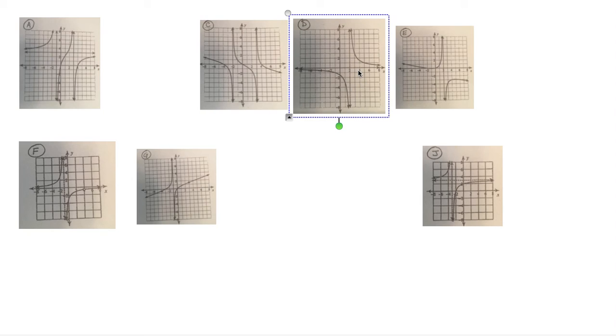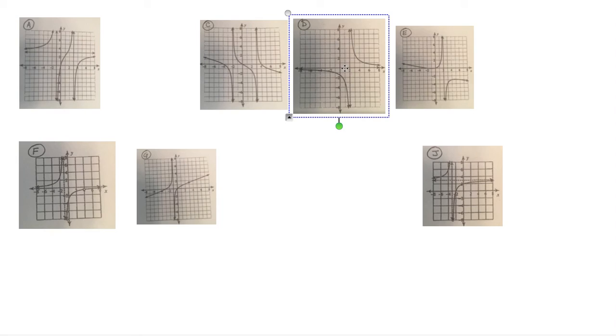Well, it looks like it's D. But F also looks like it has a horizontal asymptote at y equals 0, doesn't it? 9, 1, 2, 3, 4, 5, 6, 7, 8, 9, 10, 11. Oh no, I didn't realize this: there are more pictures than there are graphs.